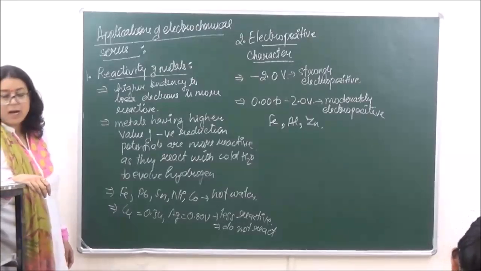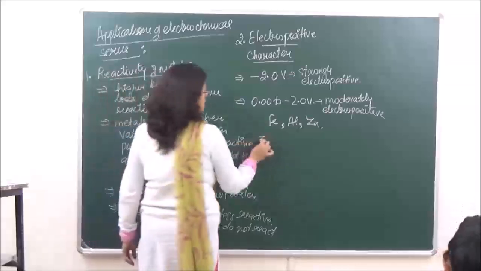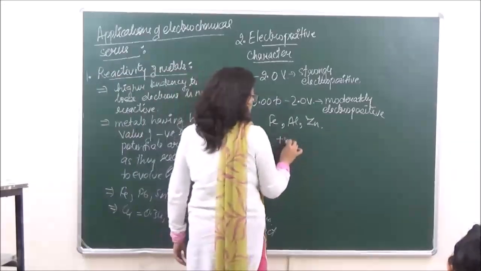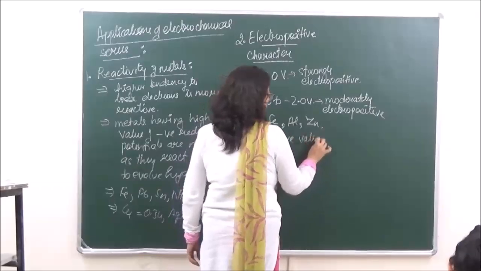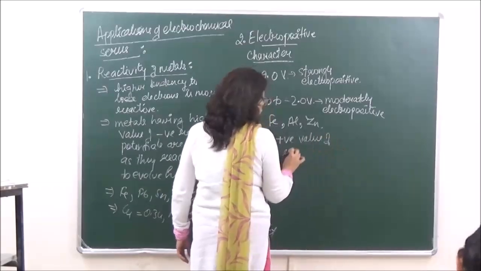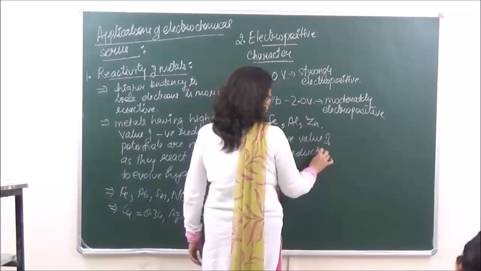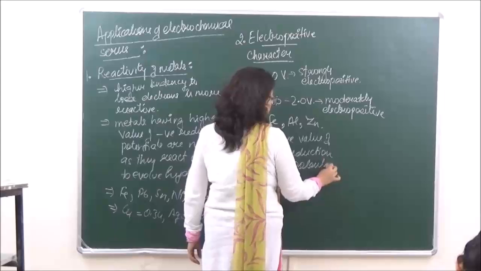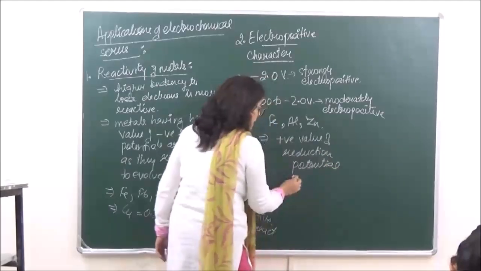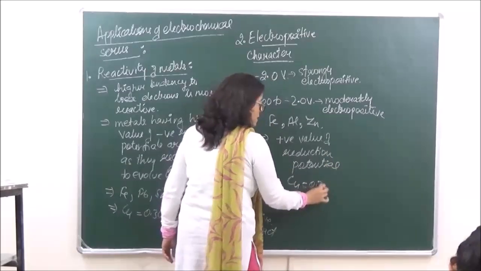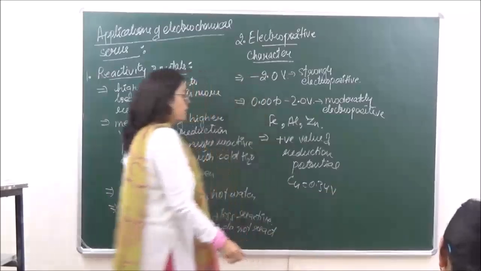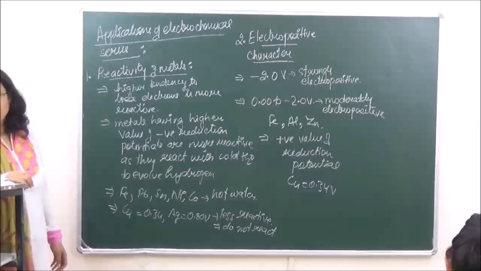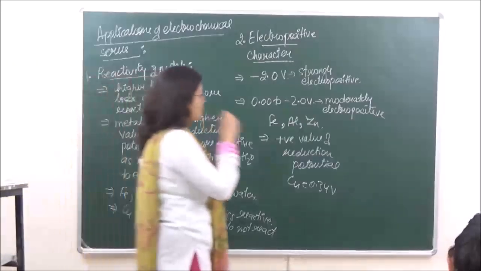Then metals which are below hydrogen, that is, the metals which have positive values of reduction potentials, as in the case of copper, which has a reduction potential of 0.34. These are weakly electropositive, right?